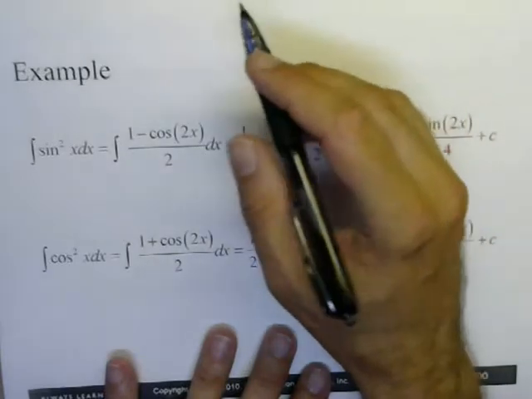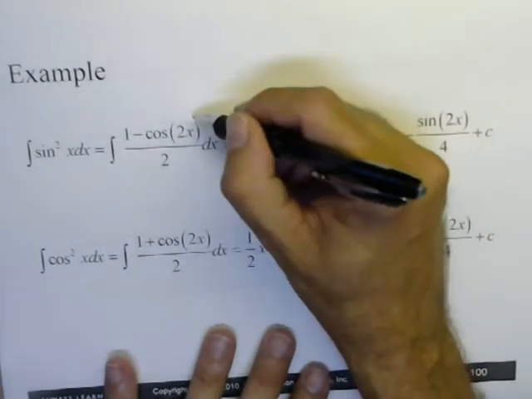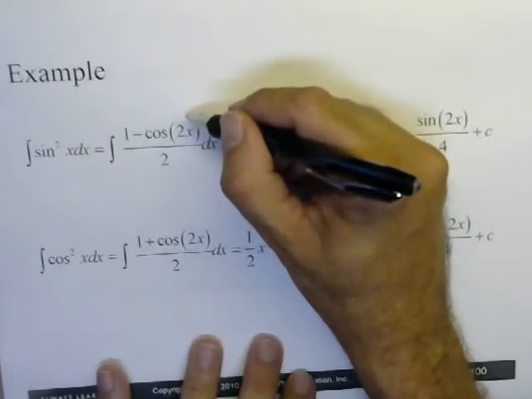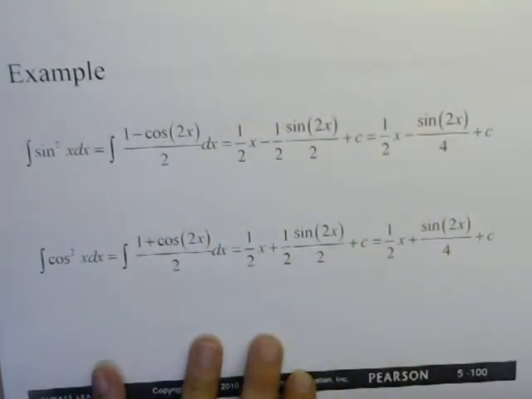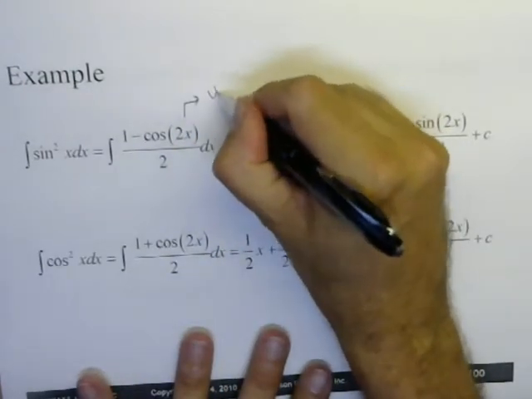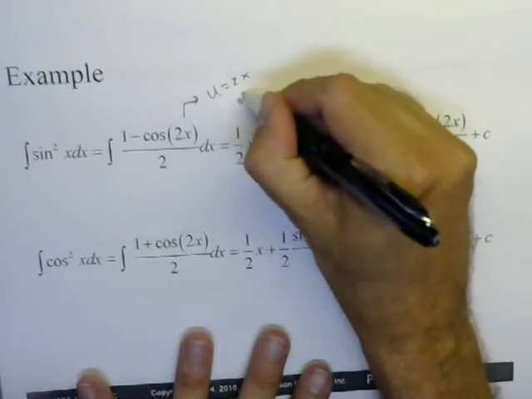You have to divide by a factor of 2. A lot of times when we do more advanced stuff, I'm not going to explicitly do the substitution because it's just so easy you don't need to do it. But when you're dealing with this here, you really should do u equals 2x.